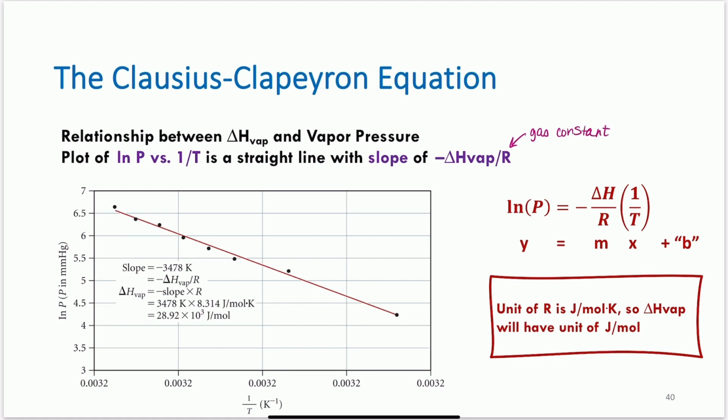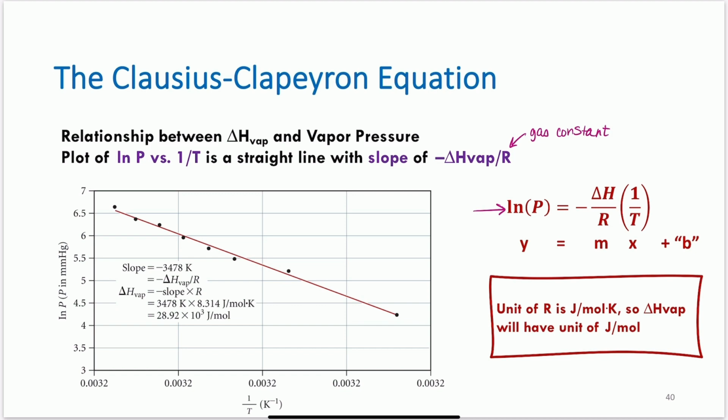As chemists, we like this equation because it gives me this: natural log of pressure is equal to negative delta H over R times 1 over T. This takes on the form y equals mx plus b, where we don't care much about the intercept. We really want that slope.